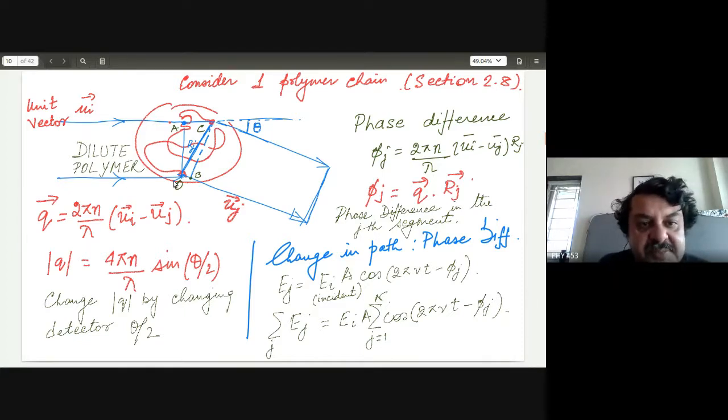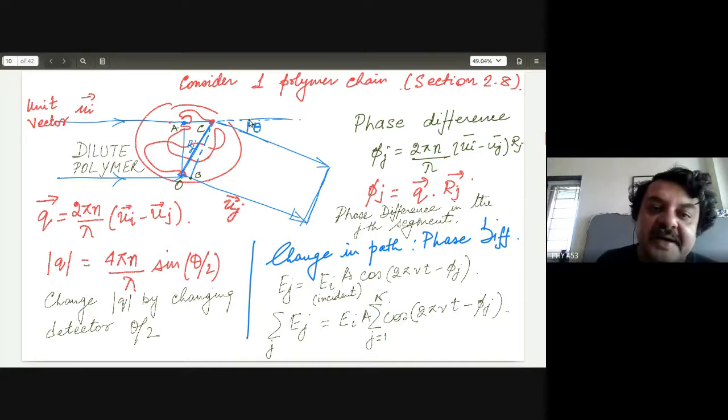So this light comes here, gets scattered from this monomer and moves towards, suppose, this direction uj. And this light also gets scattered from some other monomer here, bends by angle theta, and moves in the direction of uj, and we can get these two lights to interfere.